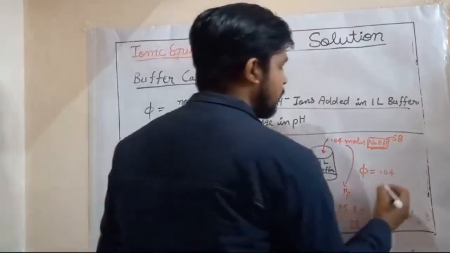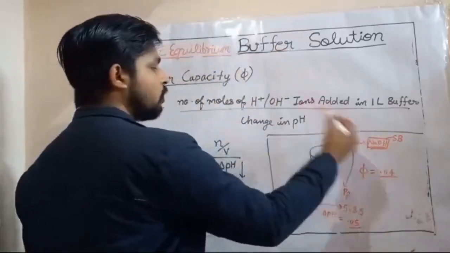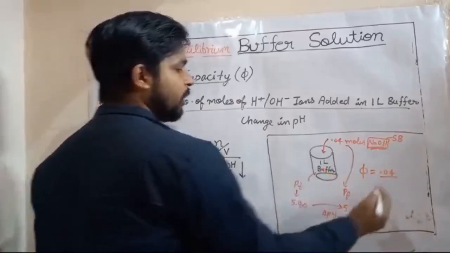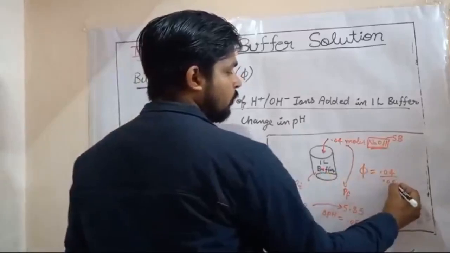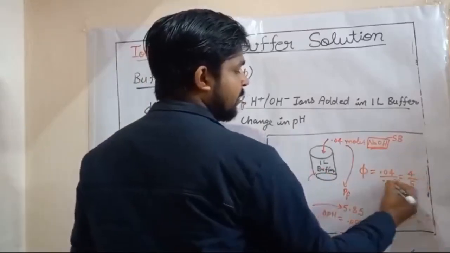Okay student, so we calculate buffer capacity: number of moles of strong base added 0.04 in 1 liter of buffer, change in pH 0.05. So this we can get as 4/5.